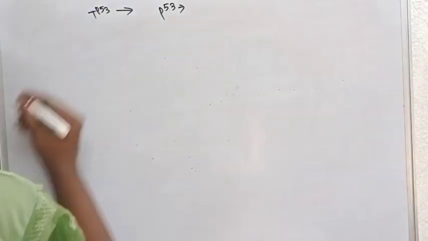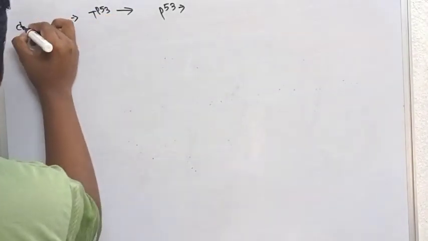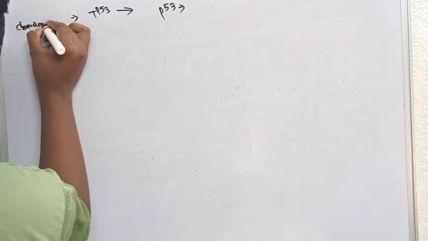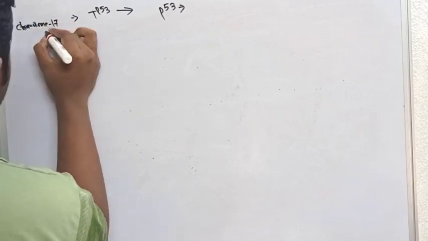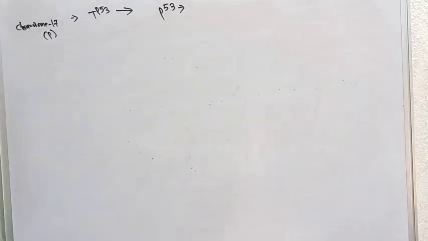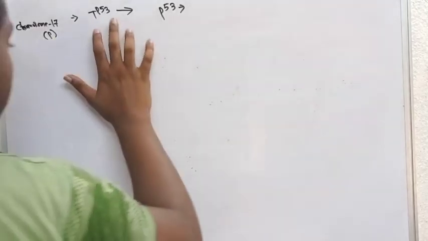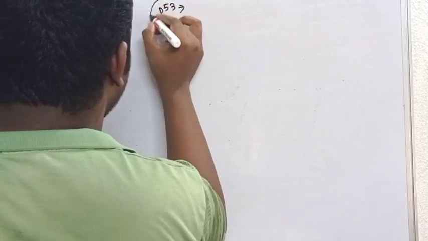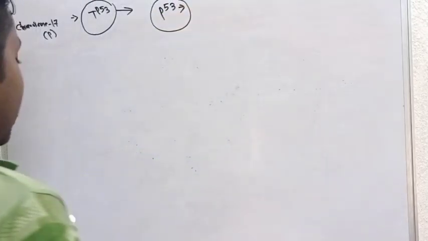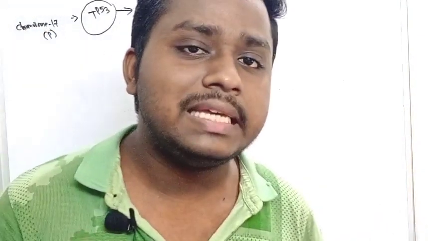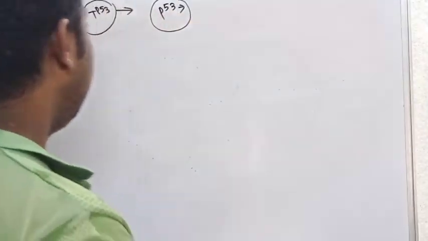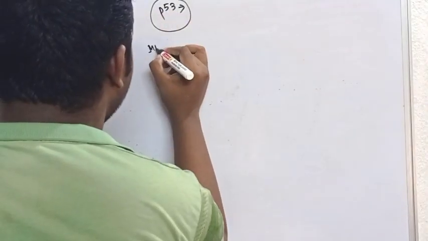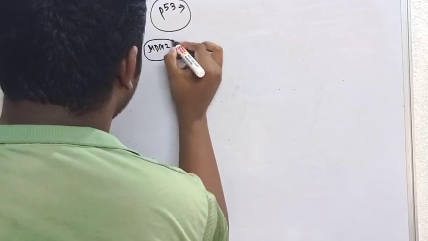This gene is very much regulated and highly important to us. The TP53 gene is present on chromosome number 17 in the P arm, which is the short arm of the chromosome. TP53 codes for the P53 protein. Normally this protein is present inside the cell all the time, and it is degraded by the MDM2 protein.